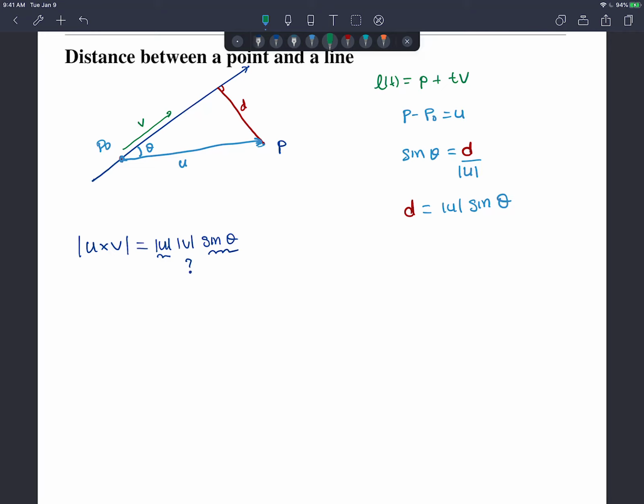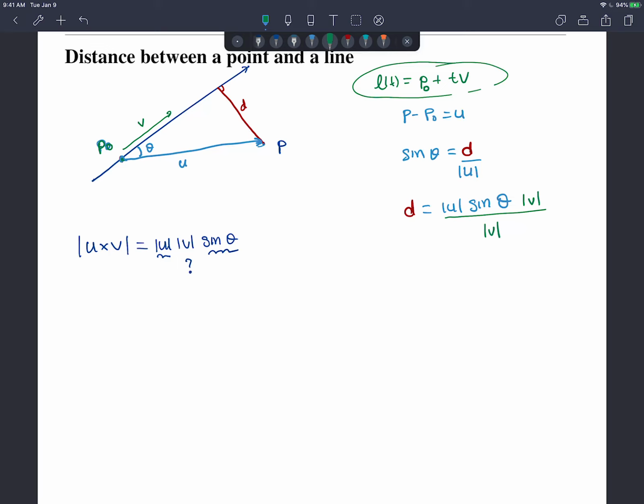So I can assume that the point P of the line is the P0 that we were given, and that the V of the equation of the line is the V that I have there. So basically now we can start over and say, if I have the equation of a line given like that, and we can always have it like that, then we pick P0 to be the point P here, and we pick V to be the V in the equation of the line, and then all we have to do is complete this by multiplying by the magnitude of V and dividing by the magnitude of V.